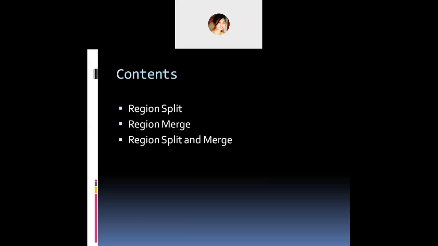That is, if you know the value of the neighboring pixels, then you can analyze or assume the adjacent pixels as well. It also determines whether the neighbor pixel should be added to the region or not. And for that we have these types: region split, region merge, region split and merge.